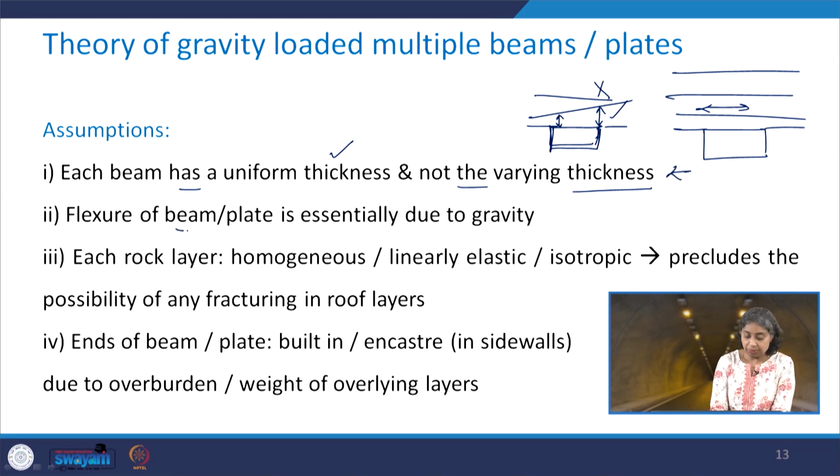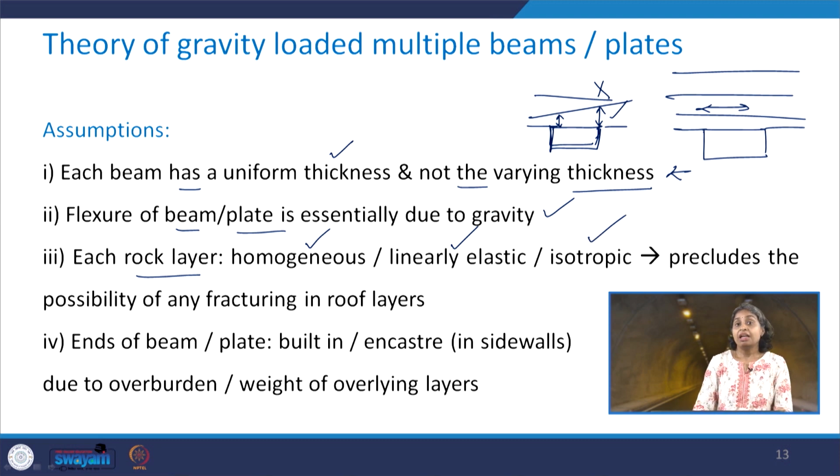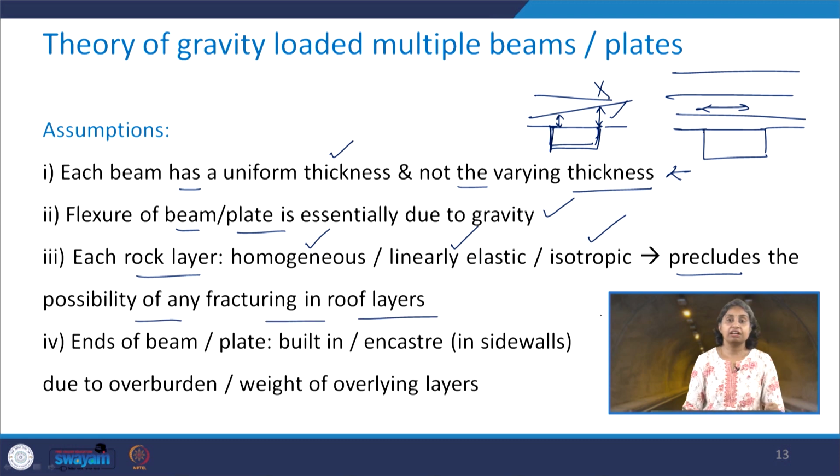Then, flexure of the beam or the plate is essentially due to gravity. That means there is no external load, but only the self weight with which these beams or plates are going to deflect. Now, each rock layer is considered to be homogeneous, linearly elastic and isotropic, and therefore it precludes the possibility of any fracturing in roof layers.